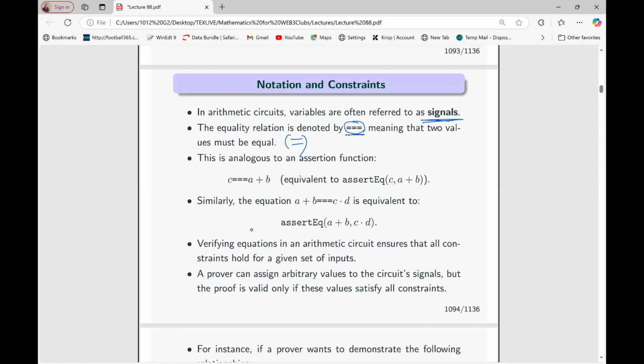So if I write C equals A plus B, this is what I'll be using. This is the equality sign.